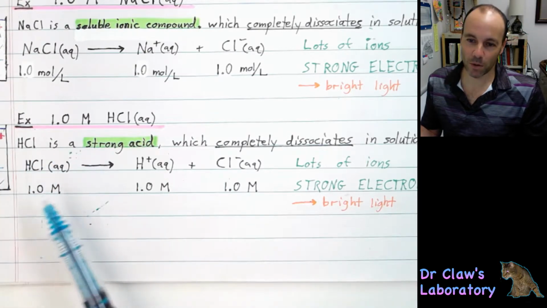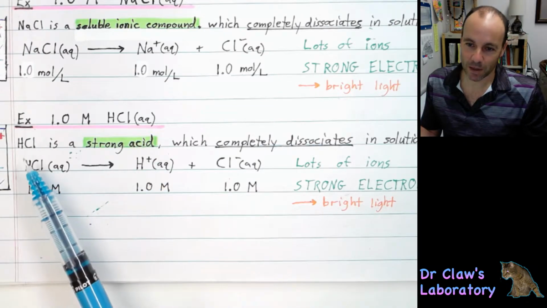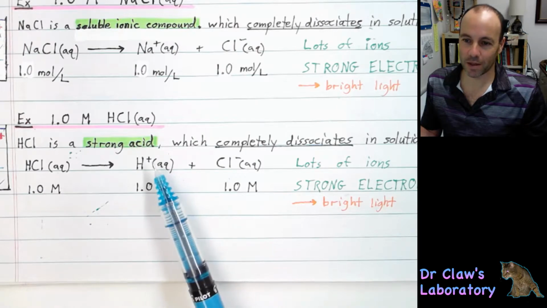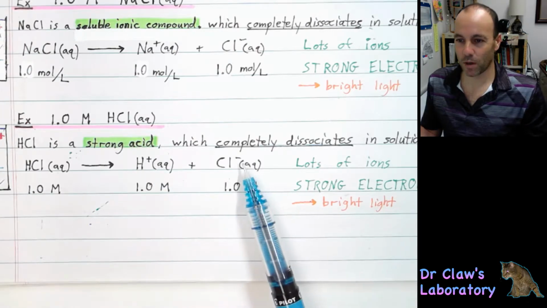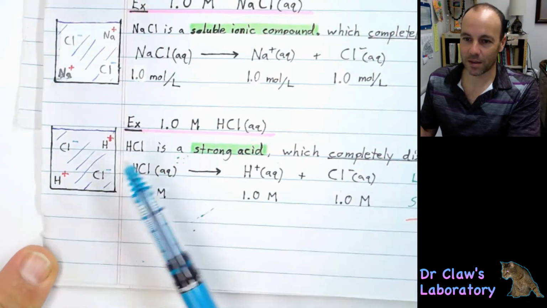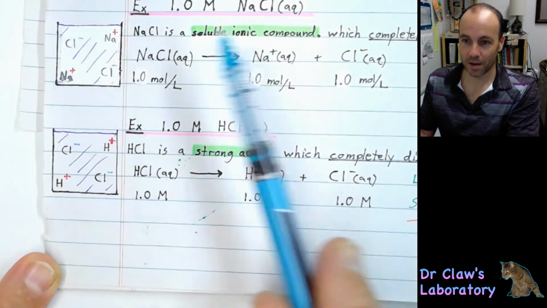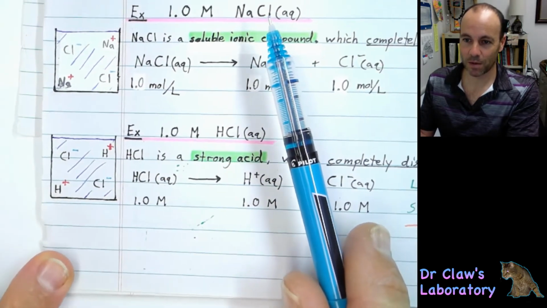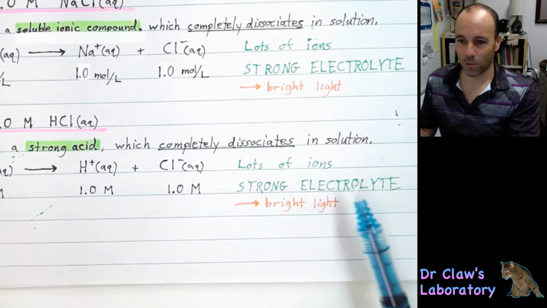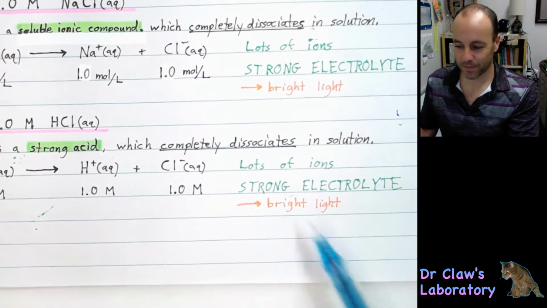So if you have a 1 molarity HCl solution, then that means, because every one of these gives you one of those and one of those, that means you have 1 molarity protons in solution and 1 molarity chlorides in solution. So all of the ions are separated from each other in solution again, just like the soluble sodium chloride. Okay, so again, lots of ions. We would call that a strong electrolyte, and that would also give us the bright light.